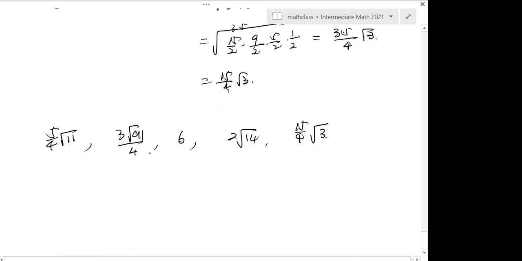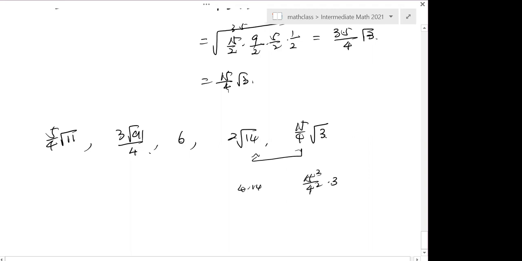For example, let's compare those two. Which one is larger? What you do is square. The first one is 4 times 14. The other one is 15 squared over 4 squared times 3.